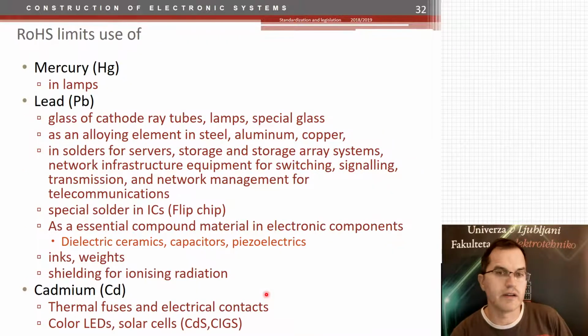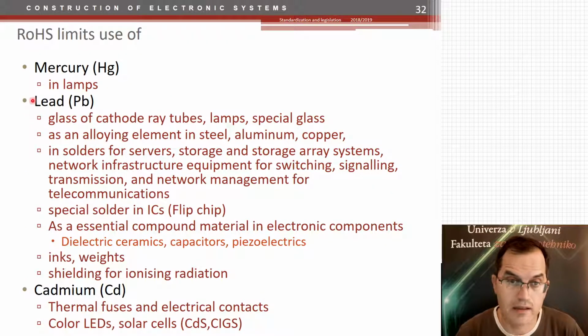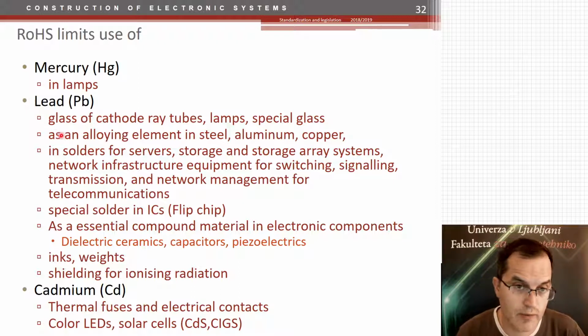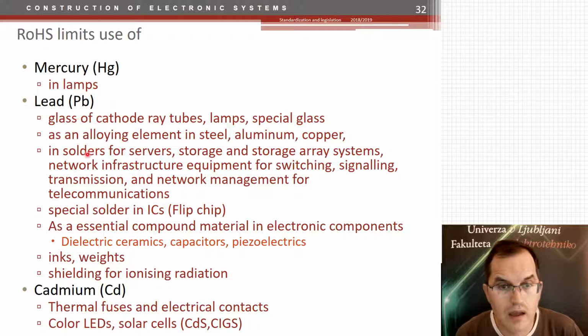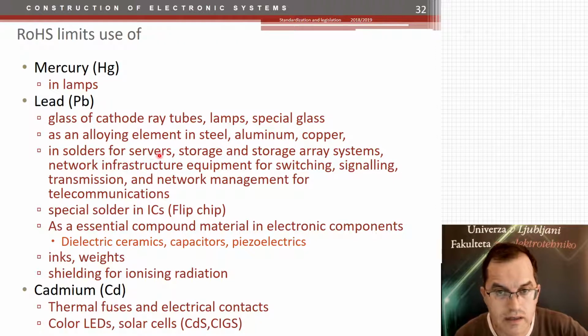So mercury is still allowed in lamps. Lead is still allowed in some types of glass, and in some alloys. In solders, it is allowed in servers, in storage systems, or network equipment, or such equipment that requires high reliability. Special solders as well.